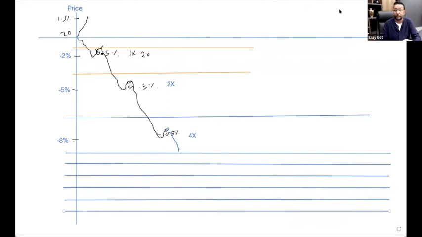The difference between each point and another, between this and this, is about minus 1%, and likewise the difference between this and this is minus 1%, minus 1%, minus 1%.